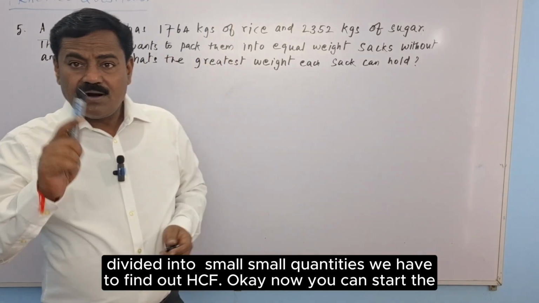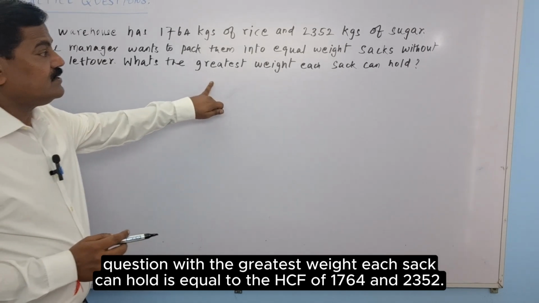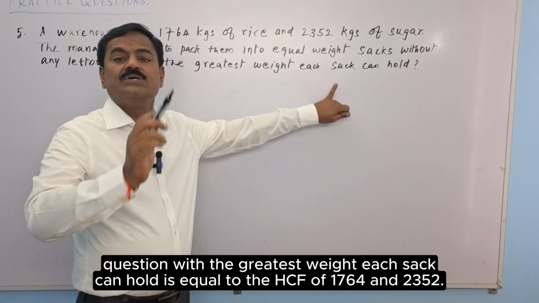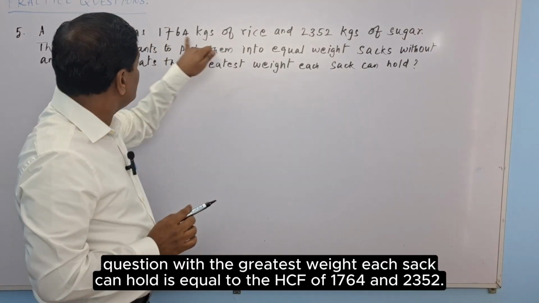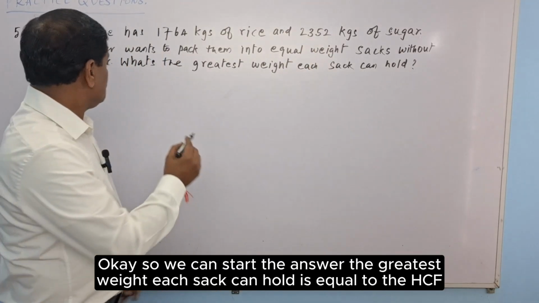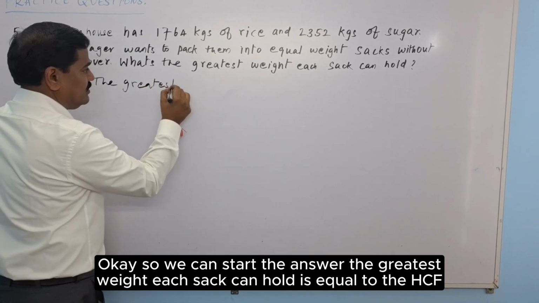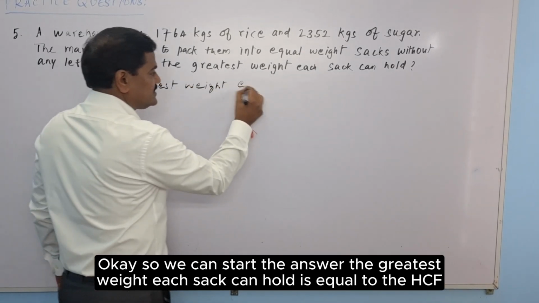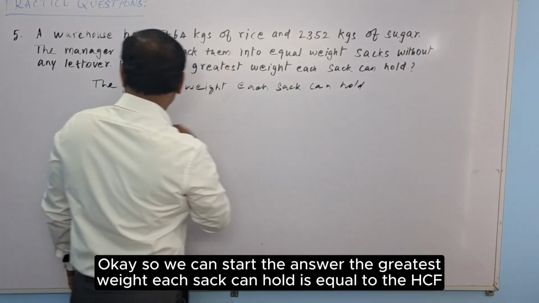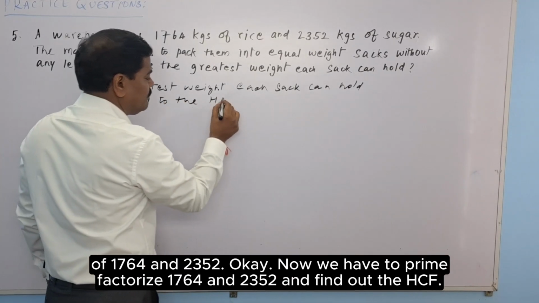Now you can start the answer with: the greatest weight each sack can hold is equal to the HCF of 1764 and 2352.